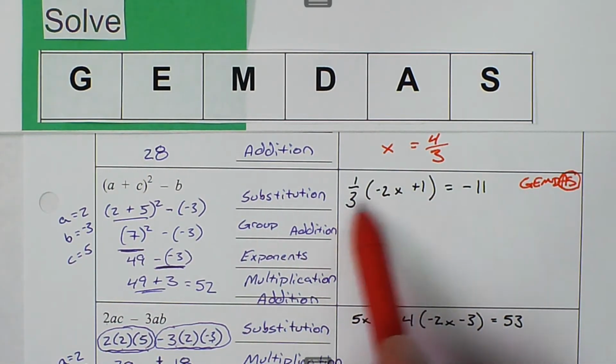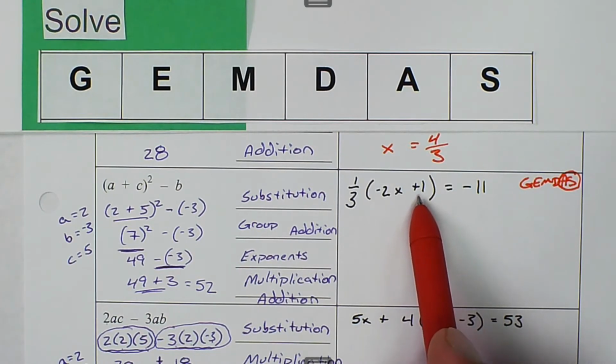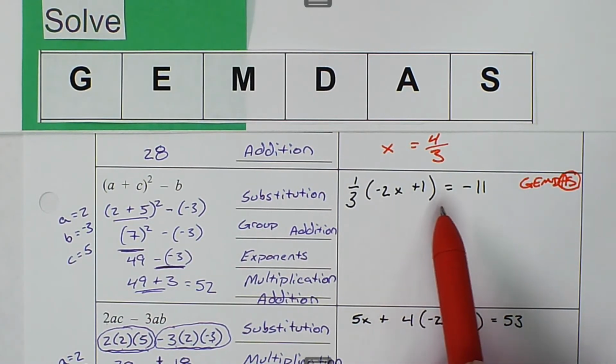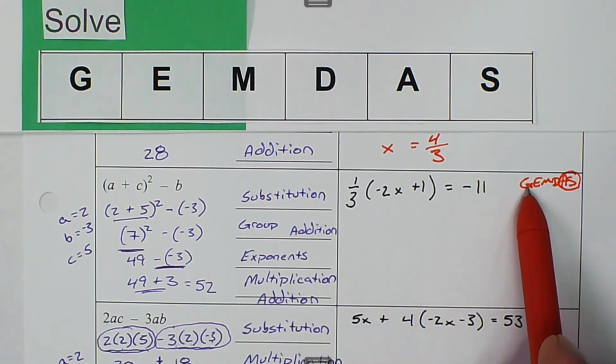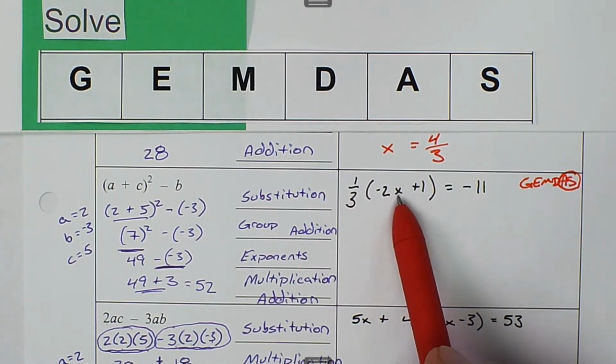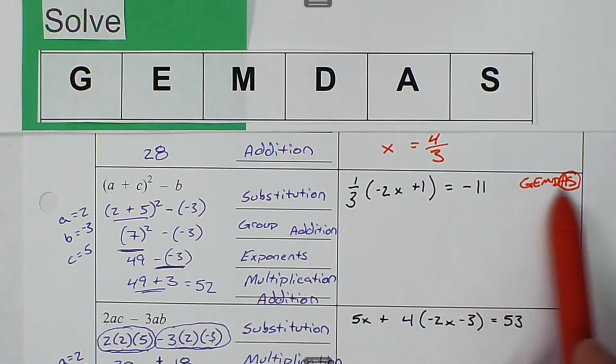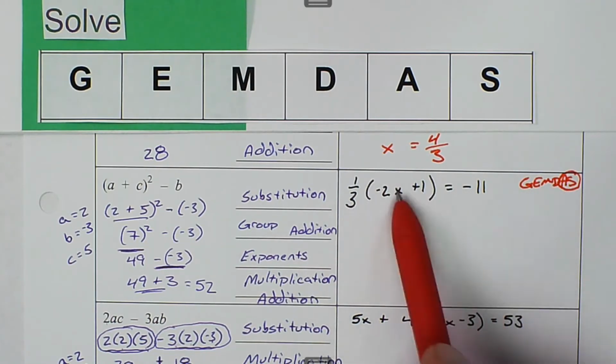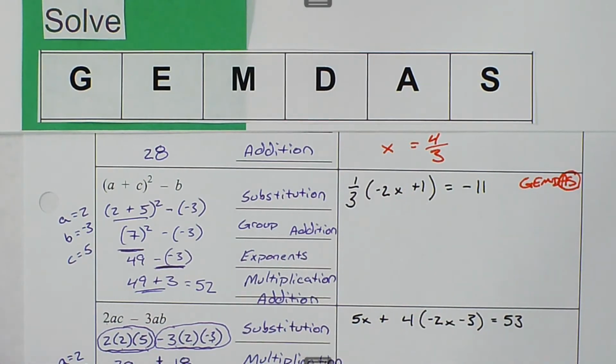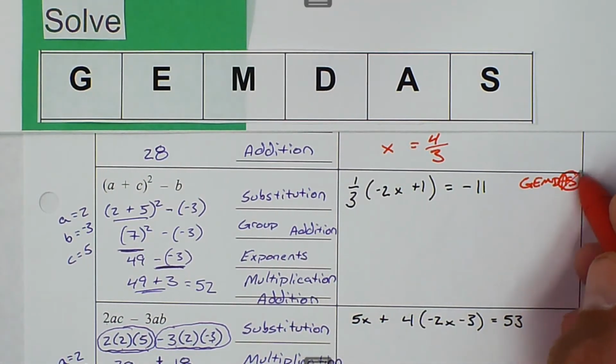Do we see addition and subtraction? We do. But what's the issue? Why can't we deal with that right now? The issue is that it is part of a group, so it's in the parentheses. The group is the last thing we can do. So we have to do everything else outside of the group before we can start working inside the group. So we can't do addition and subtraction right now.